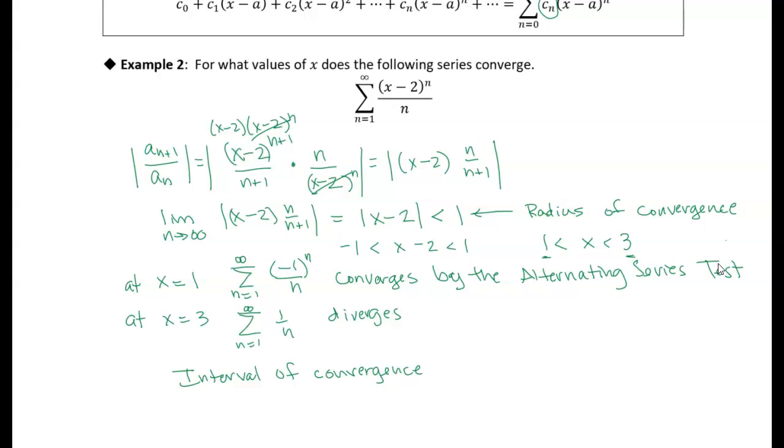Okay, so now I know that it converges for 1, so I can say 1 less than or equal to x, but not for 3, so it does not include 3. Okay, or we could also write this as, so we include the endpoint 1, but we don't include 3. Okay, so that's another way to write the interval of convergence.